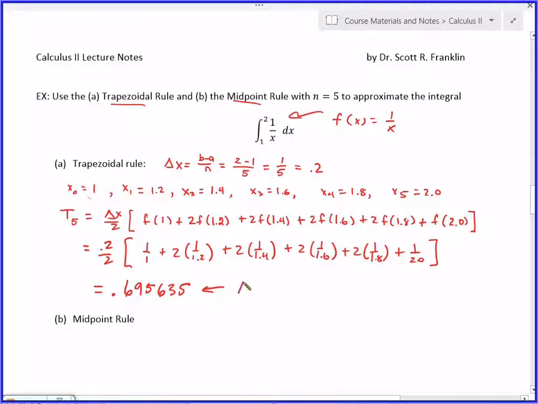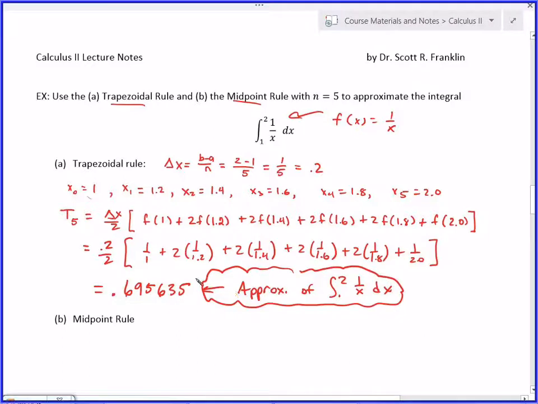So this is an approximation of the integral from 1 to 2 of 1 over x dx. But there's your answer. That's your trapezoid rule applied to that function.